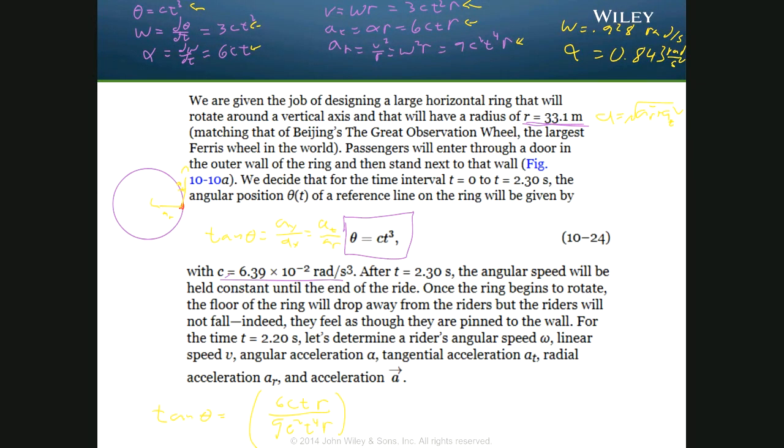And that's going to simplify. This will cancel with one of those, this will cancel with one of these, and the r's cancel. So it'll be 2 over 3ct to the 3rd.